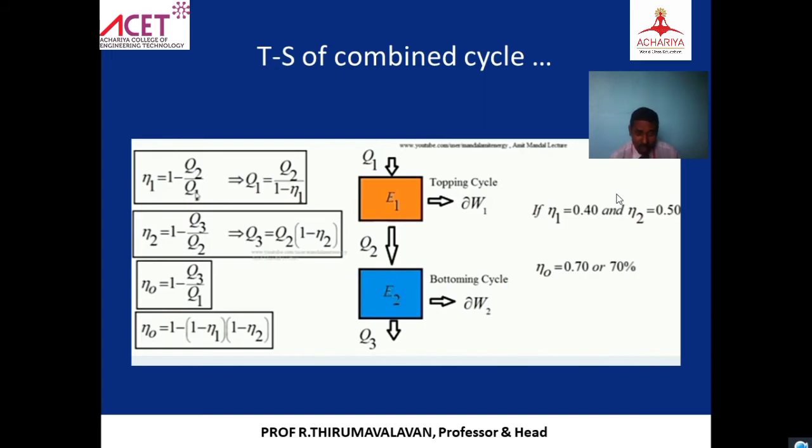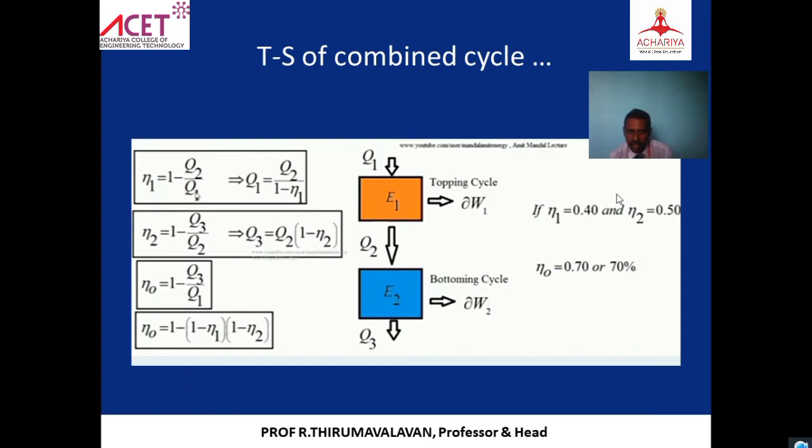Let us assume the first engine E1 has an efficiency of 40% and E2 has an efficiency of 50%. Substituting into overall efficiency equals 1 minus (1 minus efficiency 1) into (1 minus efficiency 2): 1 minus 0.4 is 0.6, and 1 minus 0.5 is 0.5.